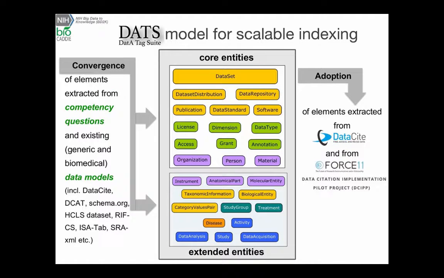So this gives you the list of the core entities that are actually underlying the DATS model, and this resulted from the convergence of the set of competency questions that were provided to us by these working groups, which had been gathering use cases from scientists, and as well from the mapping of about 30 models that are actually used in the wild.